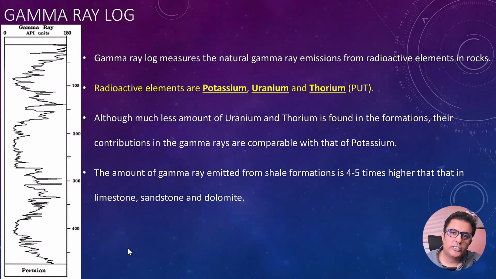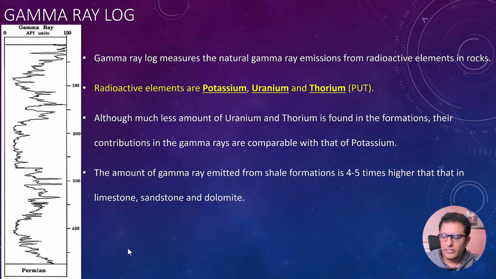These are three major radioactive elements that produce gamma rays in sedimentary formations. In terms of the volume, potassium has the highest volume, but in terms of contribution to the amount of gamma ray that these three elements produce, they're almost the same.